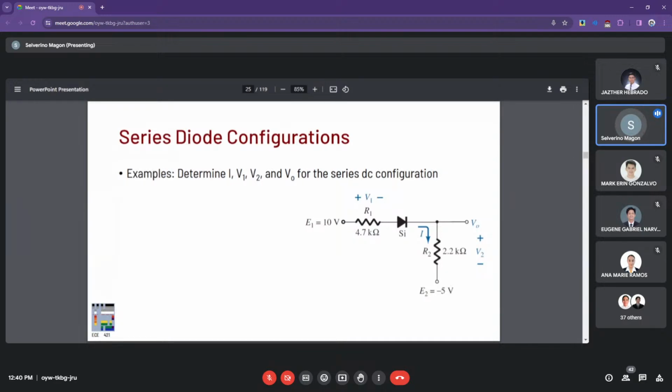Then you have to subtract your 0.7 volts in your silicon right there. And the remainder will be the potential across R1 and R2, right? So again, if we calculate those figures, your overall supply voltage is 14.3 volts, and the overall resistance is 6.9 kilo ohms, right? And the current is around 2 milliamps.